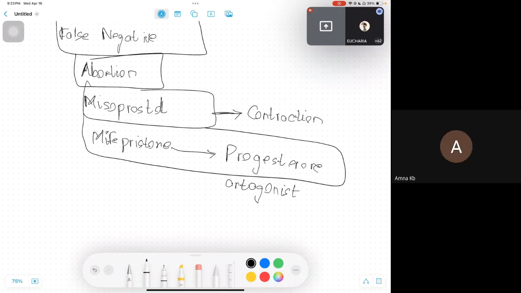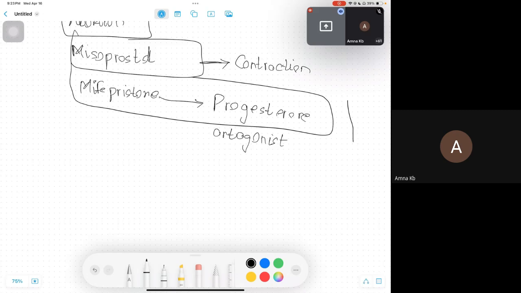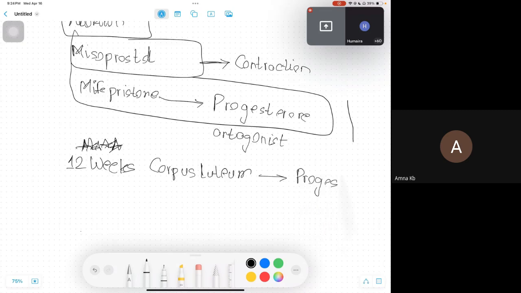Giving progesterone. Methotrexate. No, you won't give methotrexate. Somebody told me that you will give progesterone. That's exactly correct. Why? This is an important question because, remember, till 12 weeks of pregnancy, the corpus luteum will secrete the progesterone and HCG.